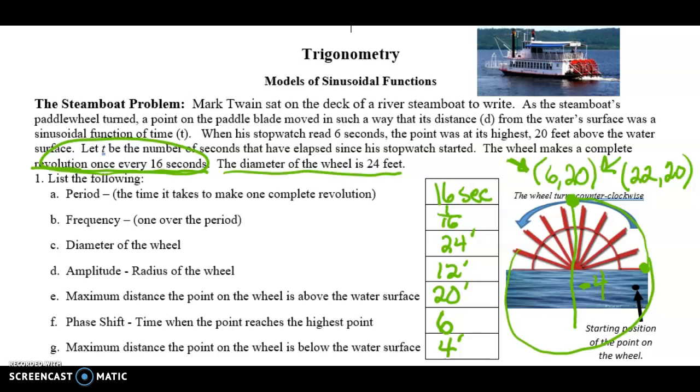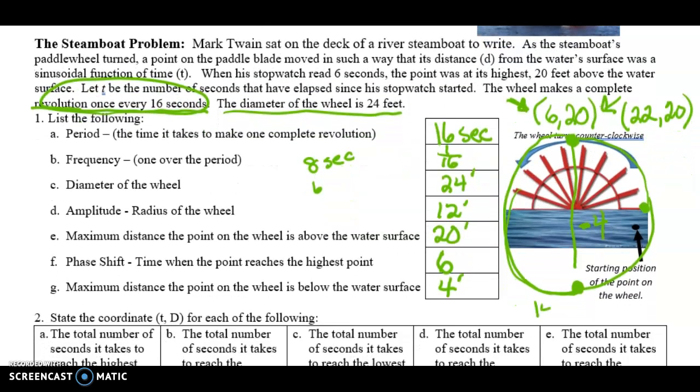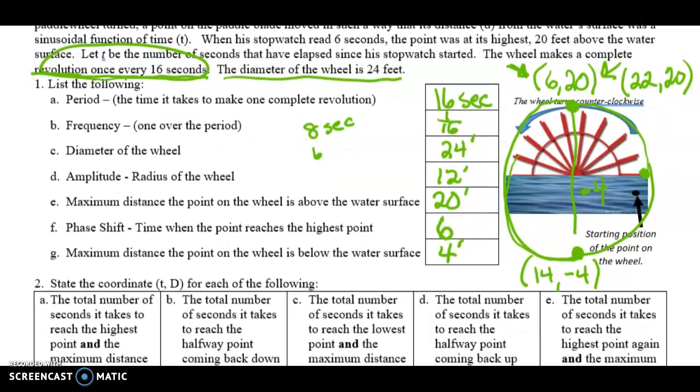If a full revolution takes 16 seconds, then half of a revolution takes 8 seconds. So if it took 6 seconds to get to the high point, plus 8 more seconds to get to the low point, then we have 8 plus 6, 14. So this coordinate is going to be (14, -4), because the paddle wheel is 4 below the surface of the water. The surface of the water is kind of like your x-axis.